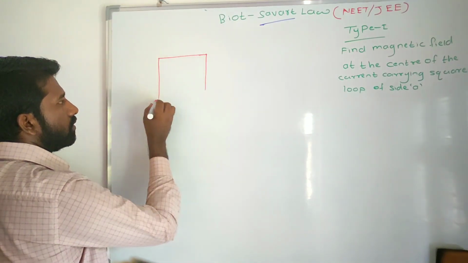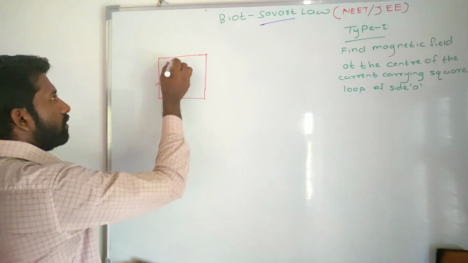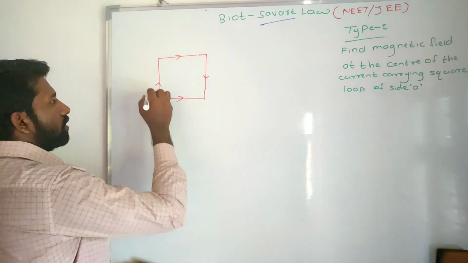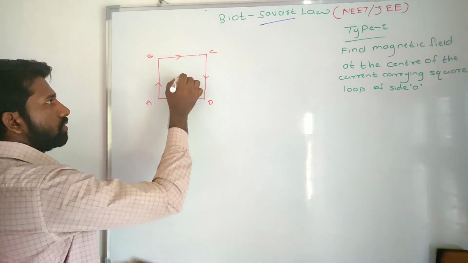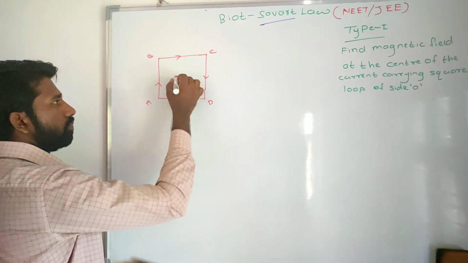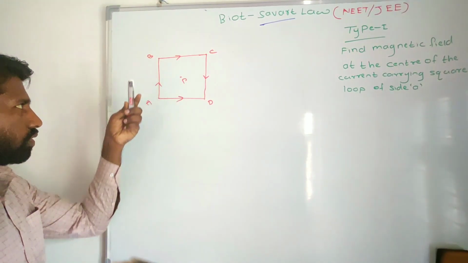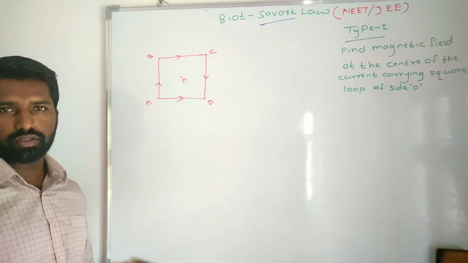So I consider this square loop carries a current in this direction. I name it as A, B, C, D. The center is P. I consider this square loop as 4 straight current carrying conductors.